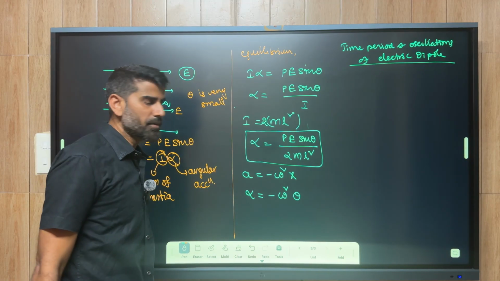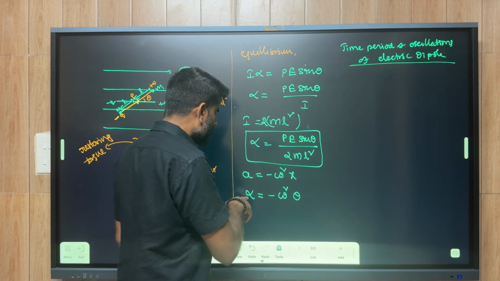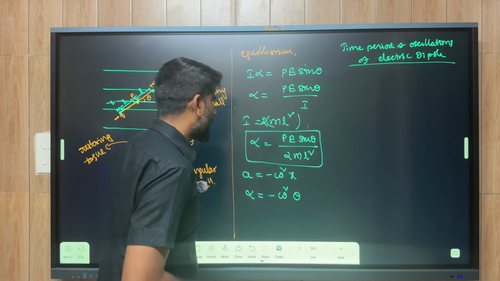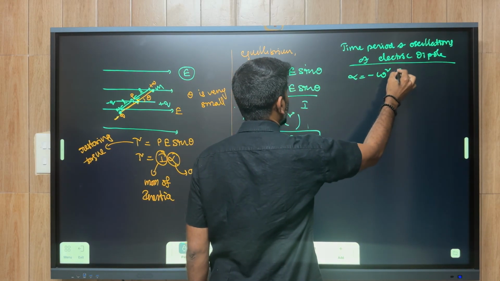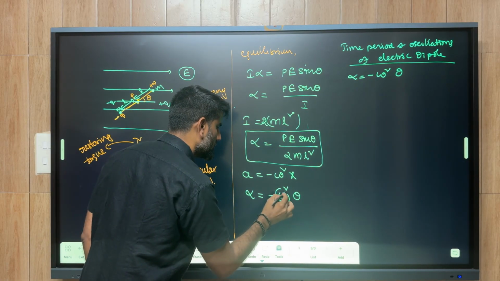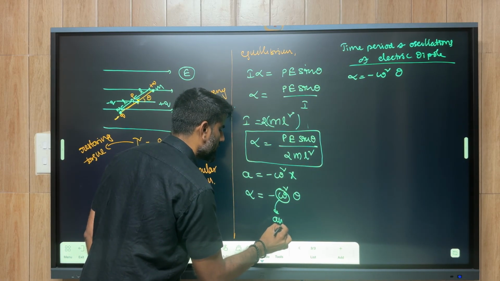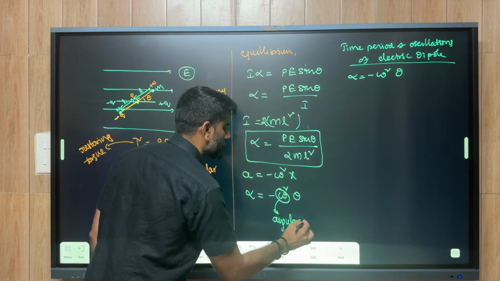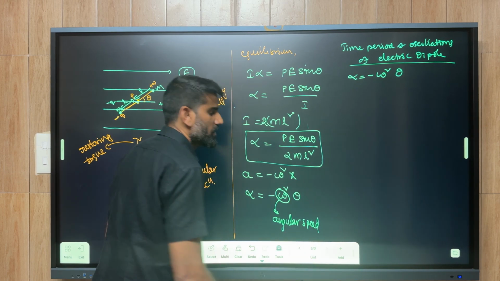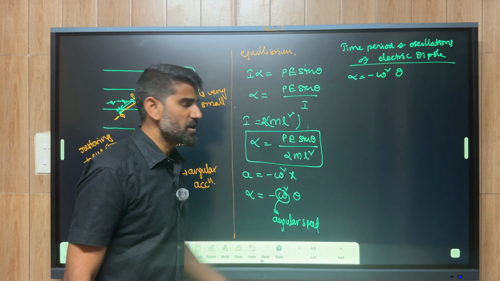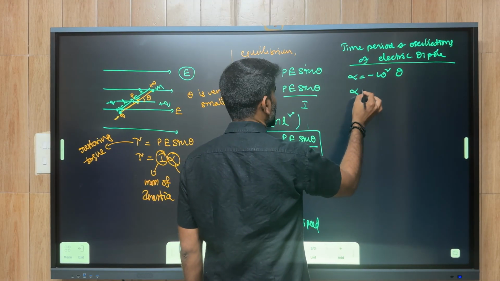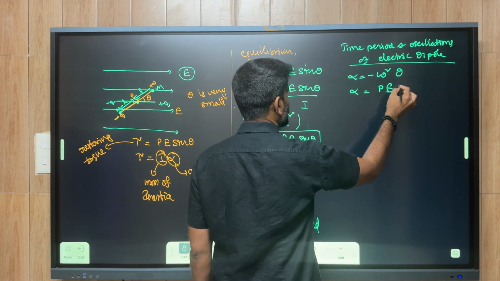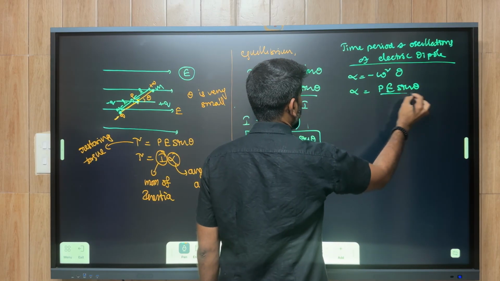Now as I know, alpha is equal to minus omega square theta. What is omega here? Omega is angular speed or velocity. Theta is the angular displacement. And we have alpha is equal to PE sin theta upon I.